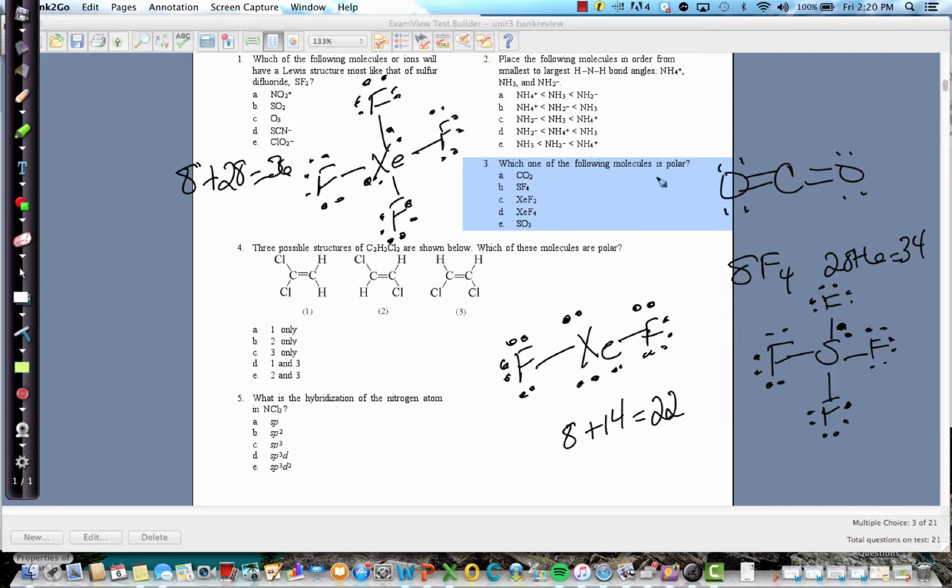And then the next one, SO3, should look like this. There's actually a double bond in there. If you go back and you check, oh, too many electrons there.